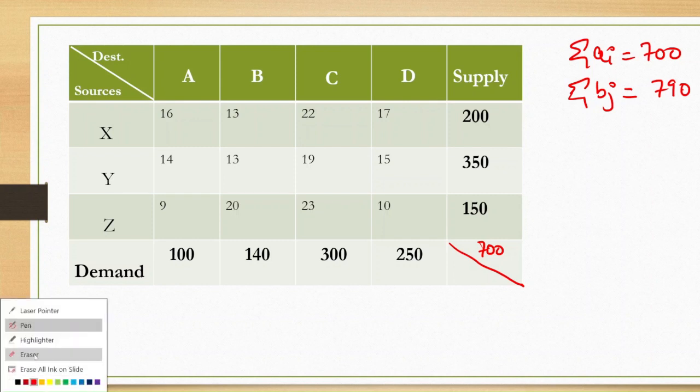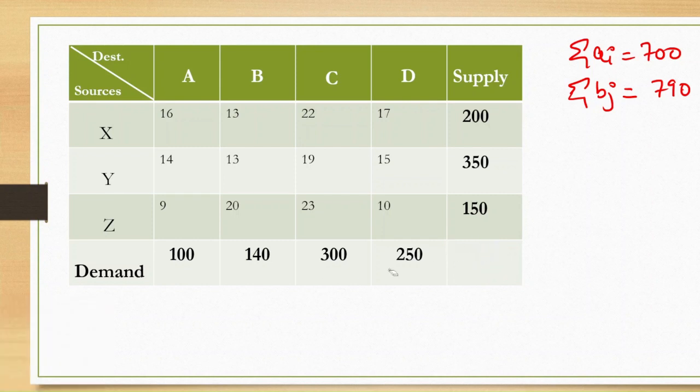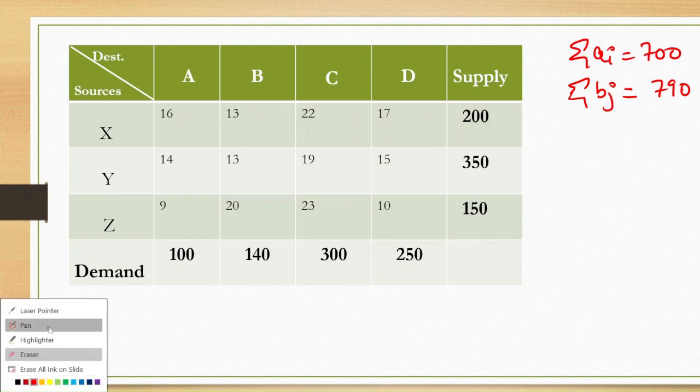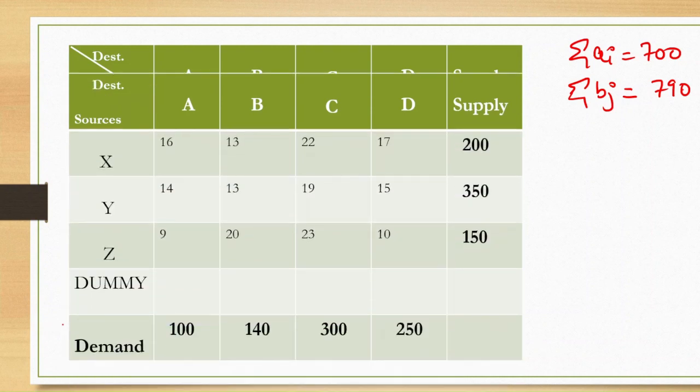So how to find out? The process remains the same. You have to add the dummy row here with the 0 cost, and this would be 90. So it becomes 790. So we have to make it a balanced transportation problem, and then only we can move ahead. So we have 4 rows and 4 columns.